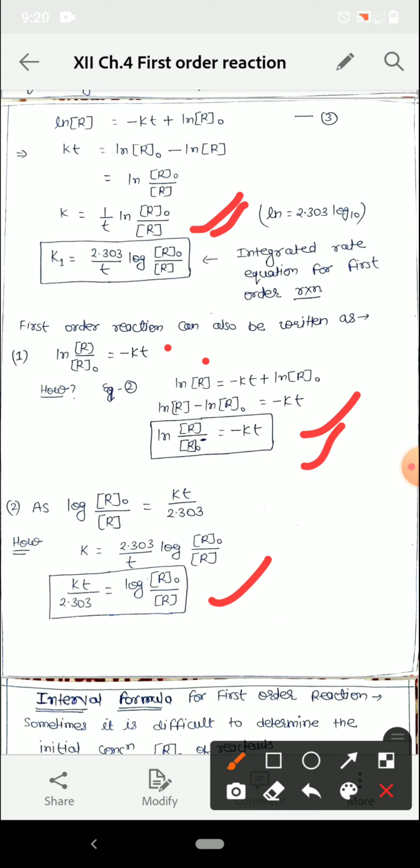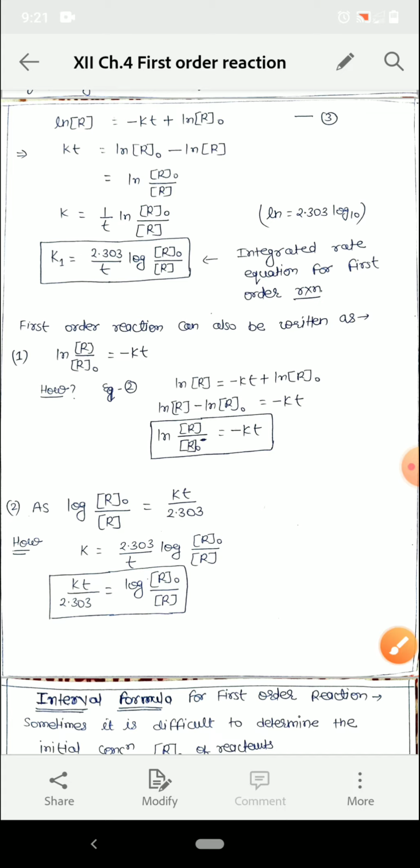So when ln R is equal to minus kt plus ln R naught, we can write ln R minus ln R naught is equal to minus kt. So it is log a minus b, so it is log a upon b. Similarly, k is equal to 2.303 upon t log R naught upon R, so we can also write it as kt upon 2.303 equal to log R naught upon R. Okay, I hope you understood this equation.